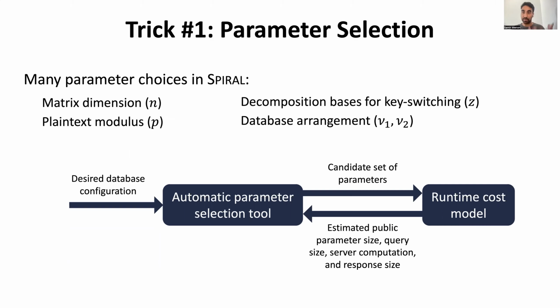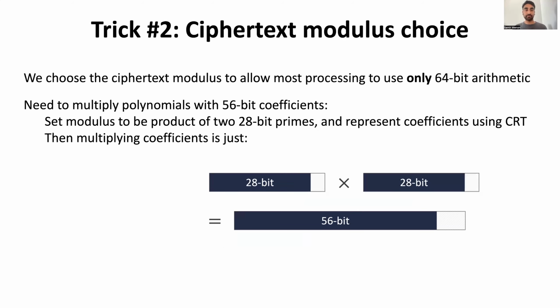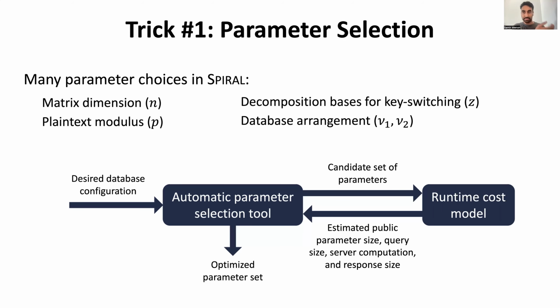So it uses the AWS cost model, and then it just chooses the set of parameters that it thinks will minimize AWS cost. We think this helps us be more efficient and not just randomly choose parameters or choose ones that we think work manually. The input to this tool is the dimensions of the database you want to serve.